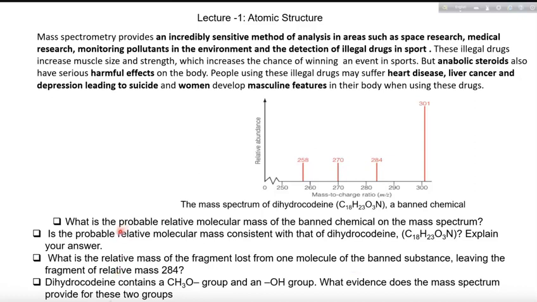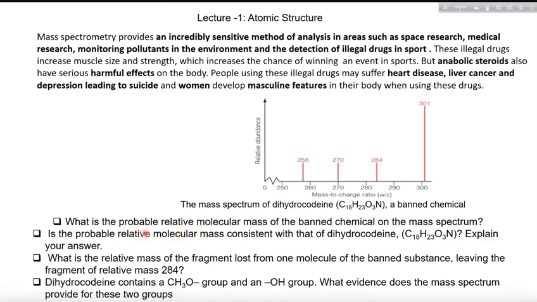Here I have asked you to find out the relative molecular mass of this banned chemical from the mass spectrum. The following questions I keep, and probably in the next lecture I will also give the solutions.